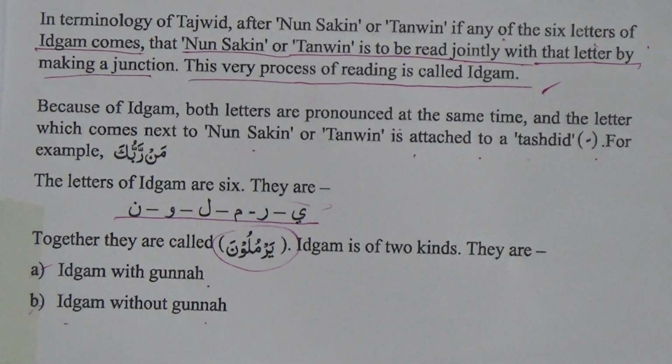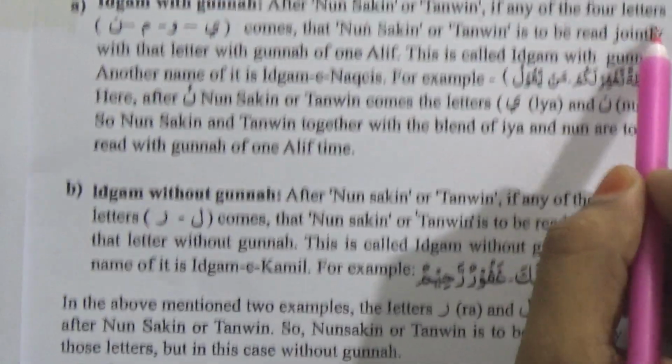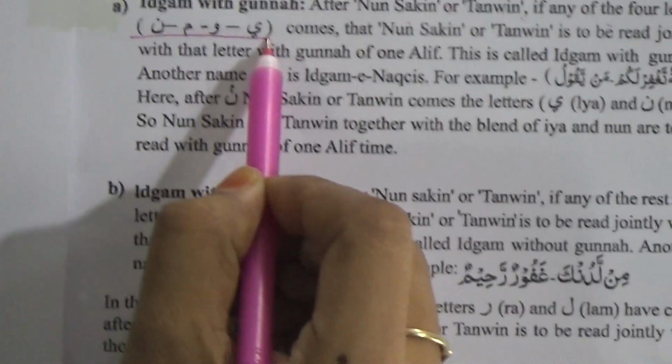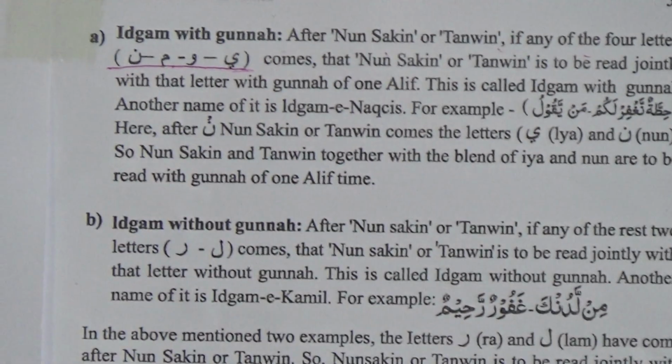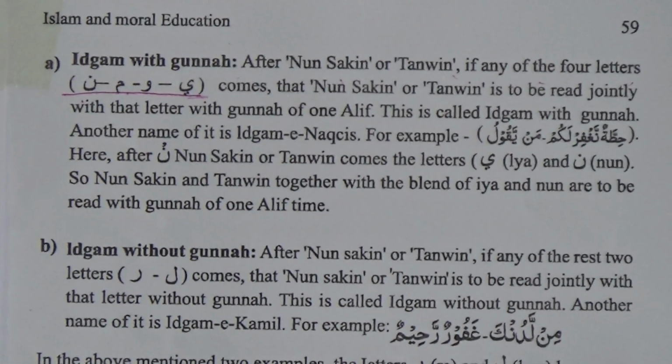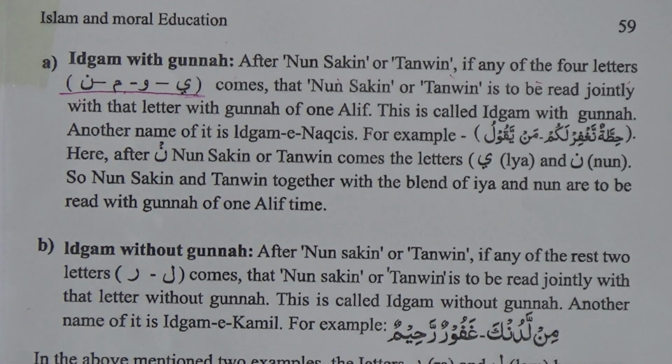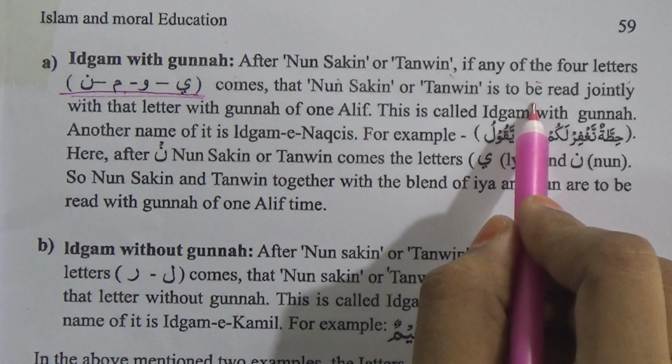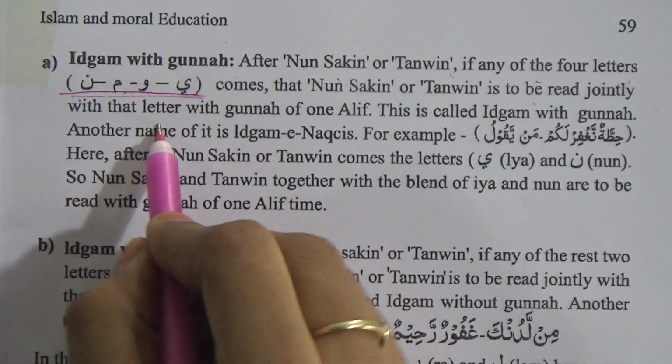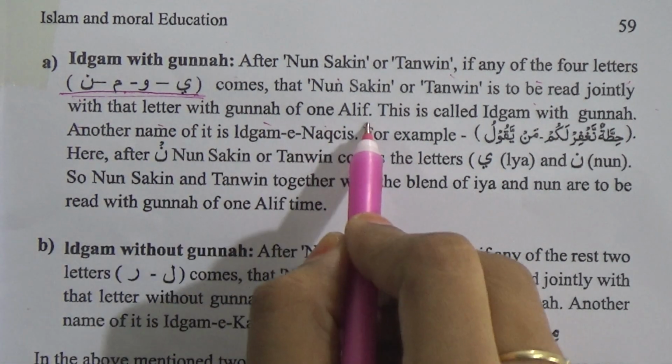Now let's know what Idgham with Gunna is. After Noon Sakin or Tanween, if any of these 4 letters, Ya, Waw, Mim, Nun, comes, within these 6 letters, that Noon Sakin or Tanween is to be read jointly with that letter with Gunna of 1 alif.